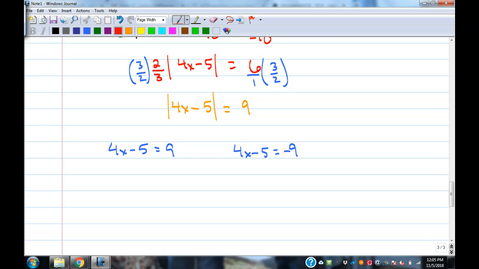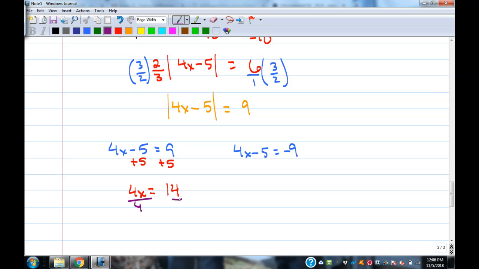Solve them. We'll add 5. 4x is equal to 14. What's the next step? Divide by 4.